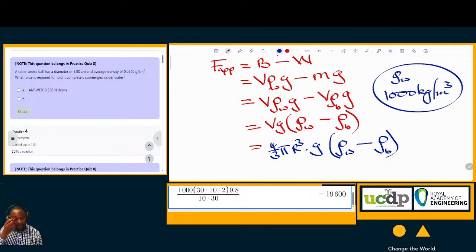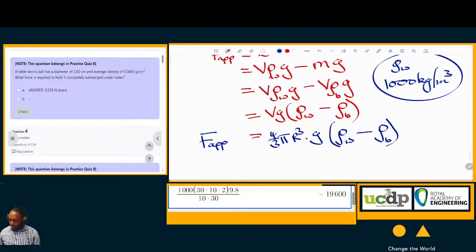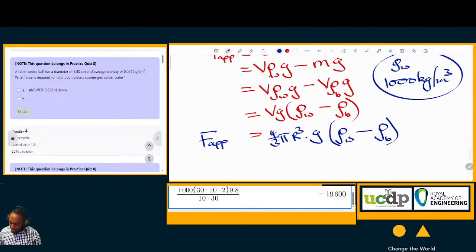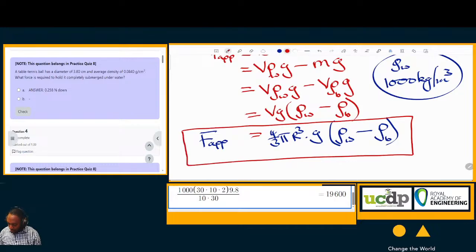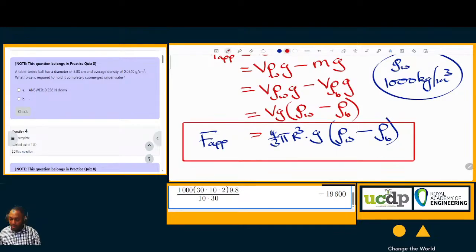So what you have to do is convert the density of the ball into kg per cubic meter. You've done conversions, right? Then afterwards you can punch in and determine what your force would be, and see if you get that value shown there. I will not substitute further.